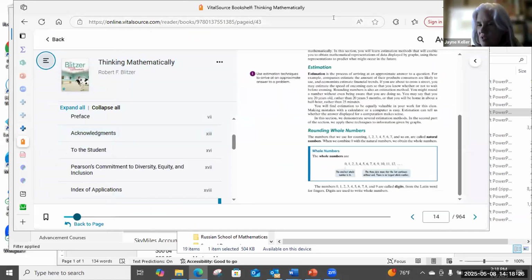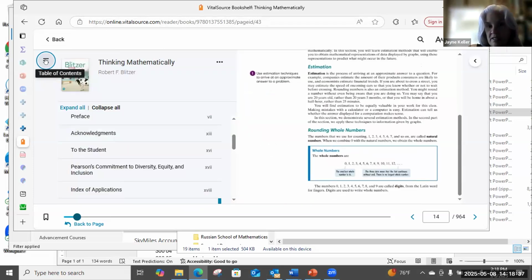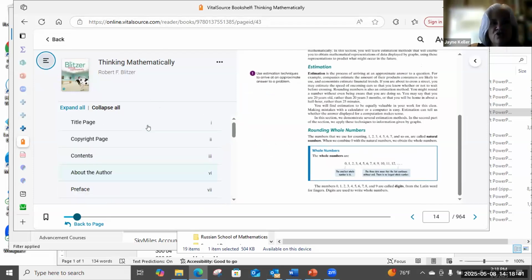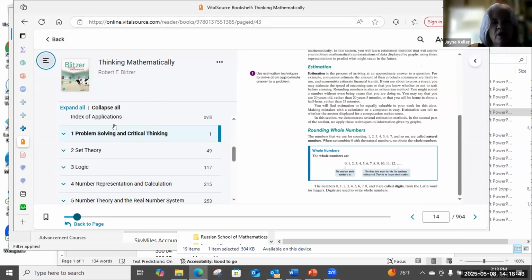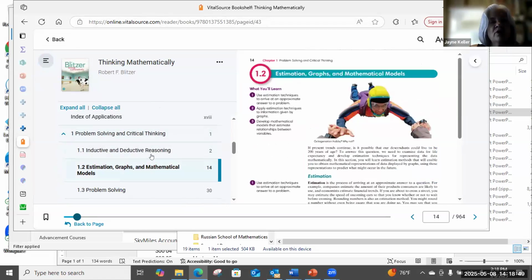If you have other books from other classes, you'll see them, but ours is called Thinking Mathematically. This little guide lets you toggle between seeing the table of contents and not. It's useful to look at the table of contents if you're just trying to get to, for example, this week, where we're looking at chapter 1.2. So I can go to 1.2, click on it, and it brings up the chapter.